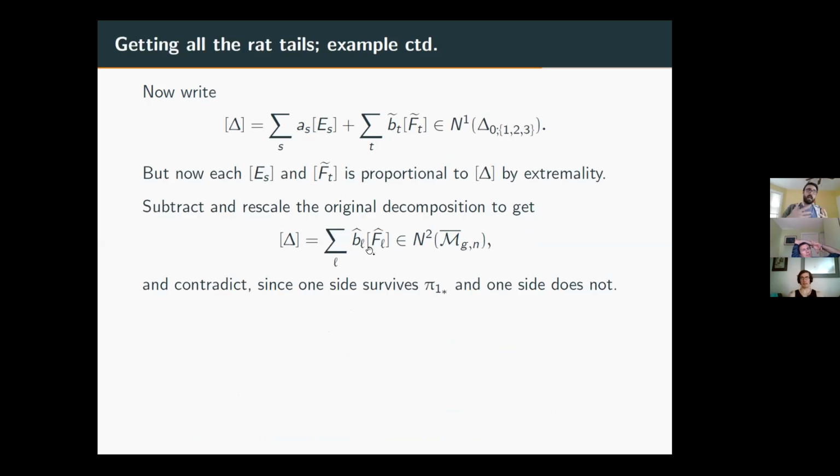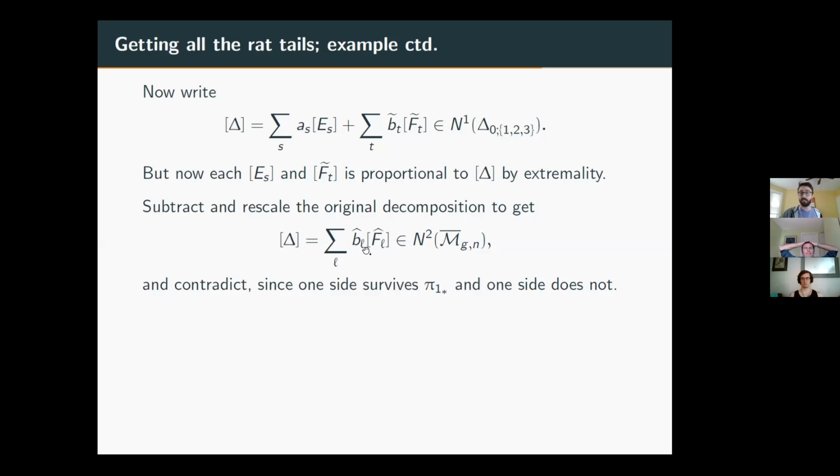Because remember, some of those F's might not have been in delta 0, 1, 2, 3. They might have been just some other classes. And so I can write this back in my original codimension 2 cone on M_{g,5} bar. But now I have a class that survives push forward by, for example, pi1, and I have classes that were defined to not survive push forward by pi1, right?